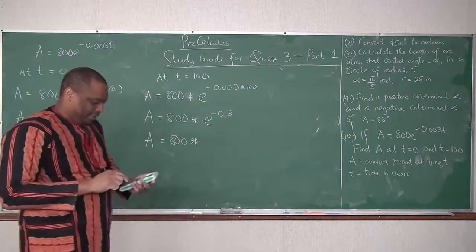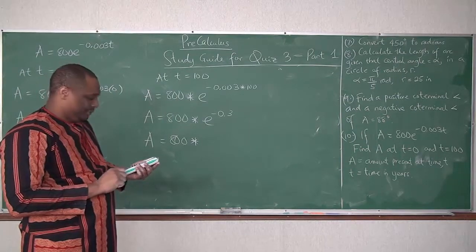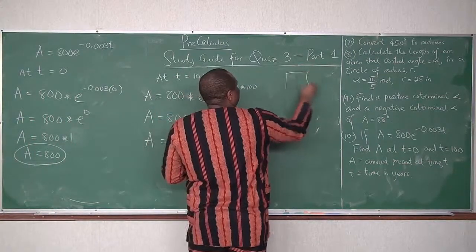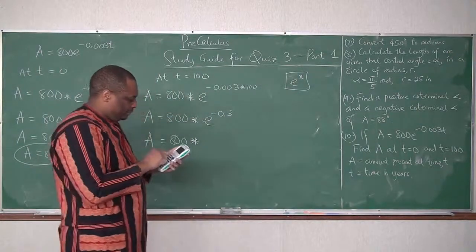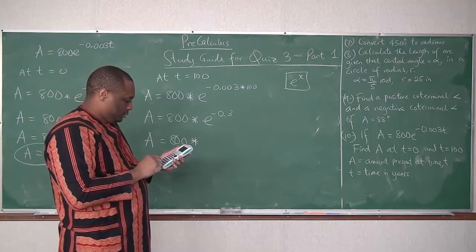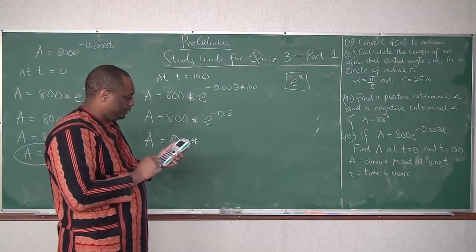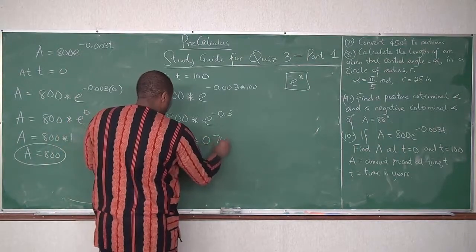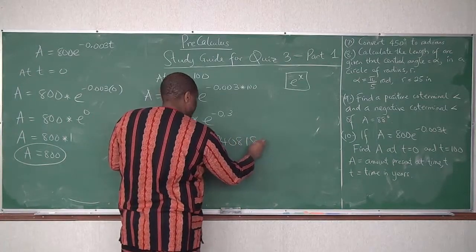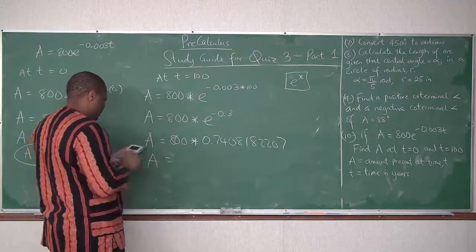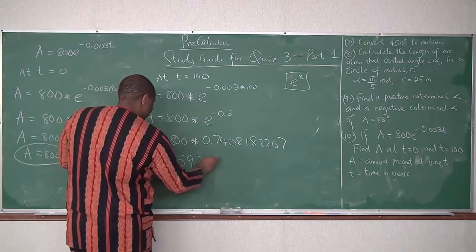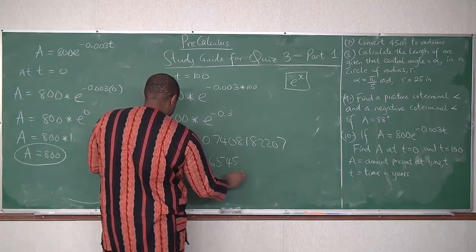I have to use my calculator here. E raised to power negative 0.3 gives 0.74081822. Then times 800, and that is 592.6545.